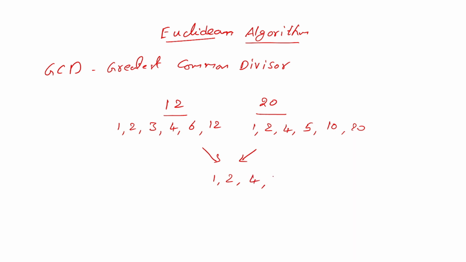So 1, 2 and 4 are the common divisors. Out of the common divisors, you need to pick the greatest one, the largest value. This is called GCD, greatest common divisor.